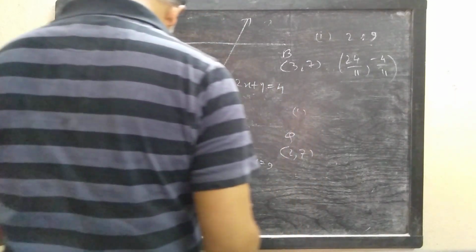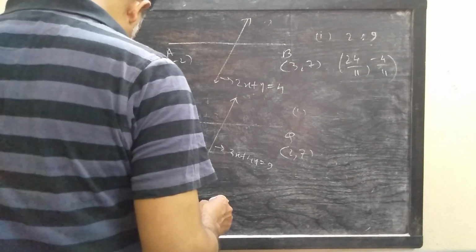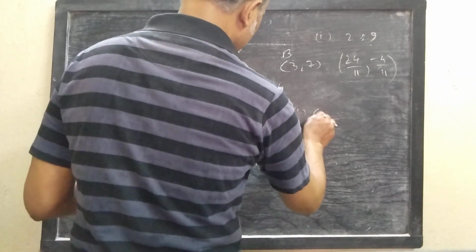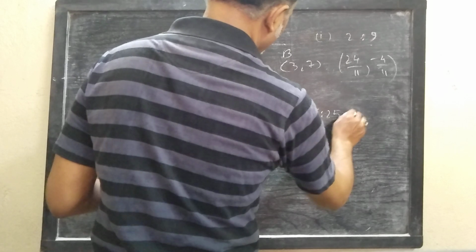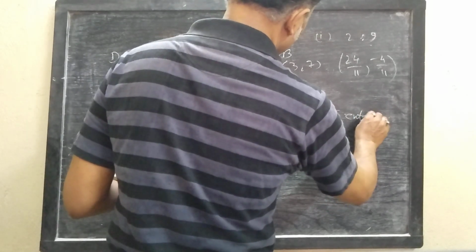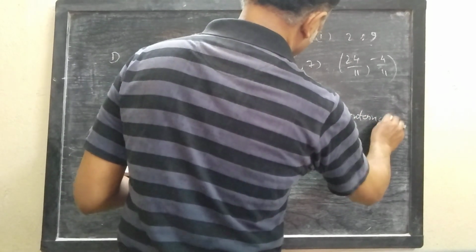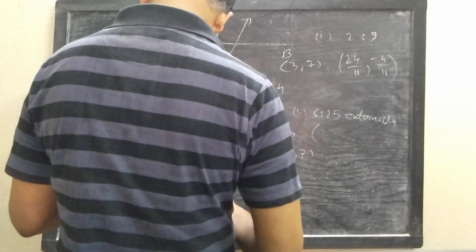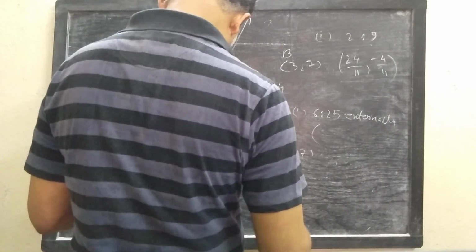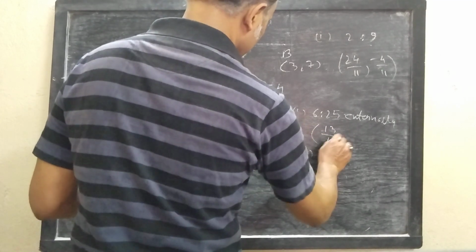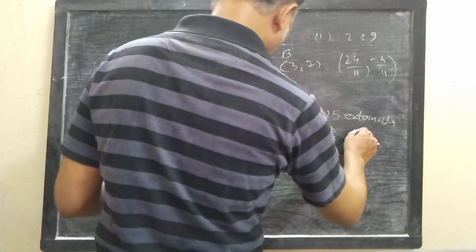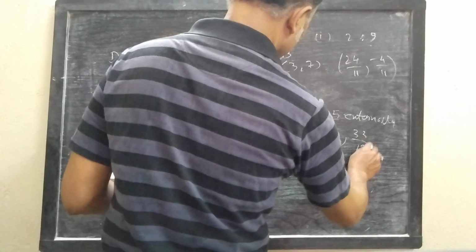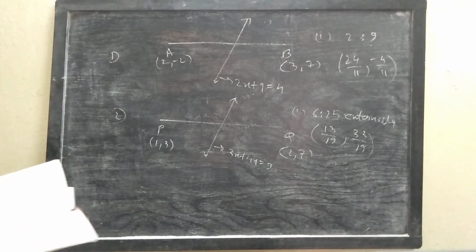The first answer is 6 is to 25 externally. That is, here you get the value of lambda negative. And the second question, the point of division is (13 by 19, 33 by 19). So you can solve it.